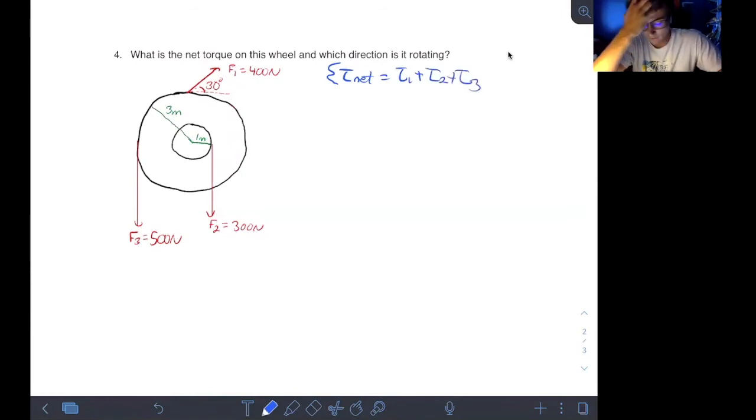When we do this, it's a little different here because we have 2 rings, or 2 different radiuses that we're working with. You can think of this as a gear on a bicycle.